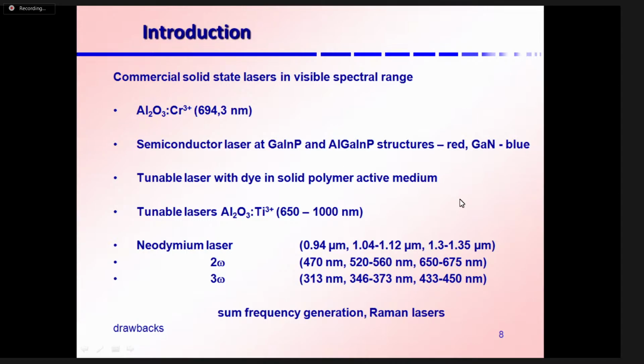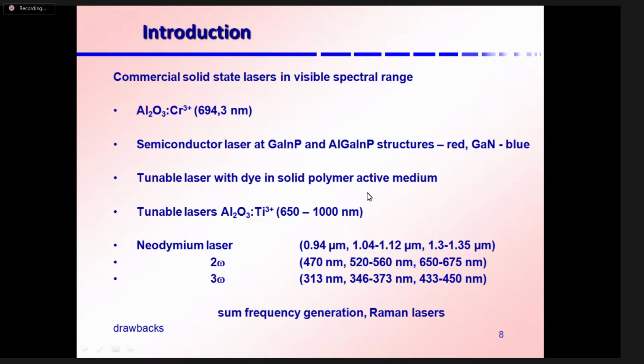Now they operate at all wavelengths. The recently developed gallium nitride laser that operates in blue is a very interesting prospect and is widely used now for excitation of other laser systems.